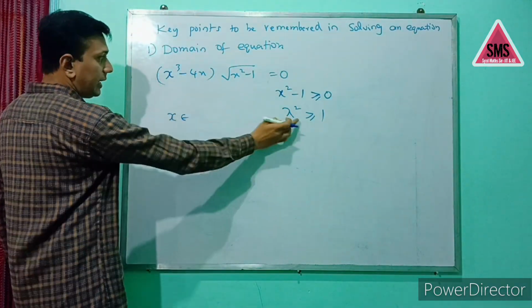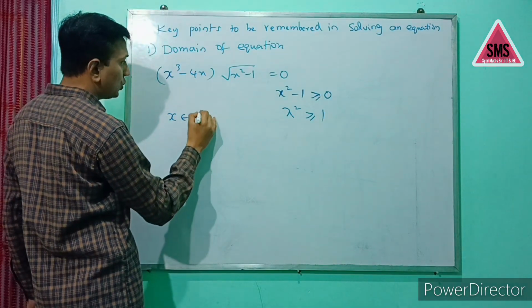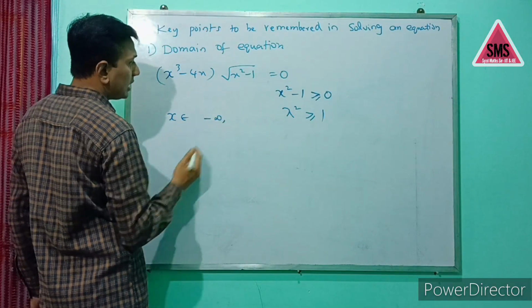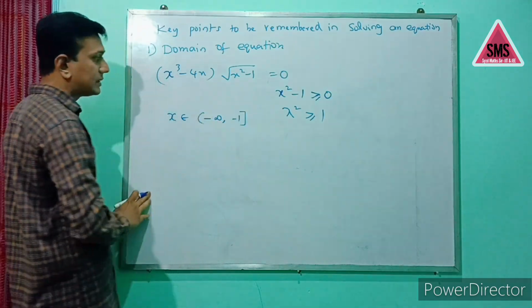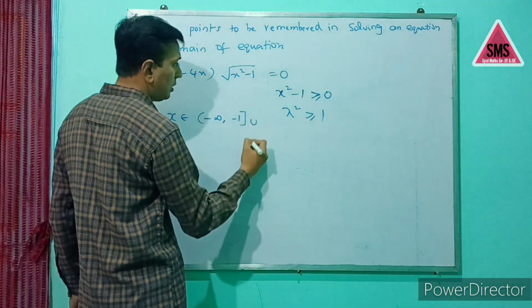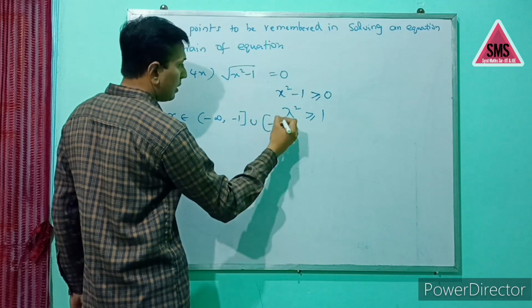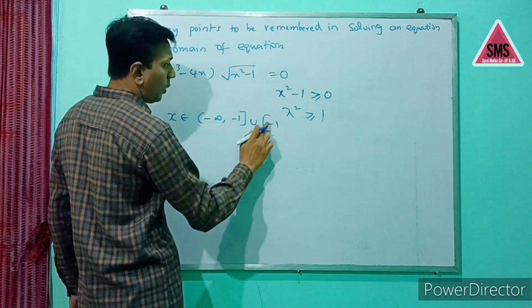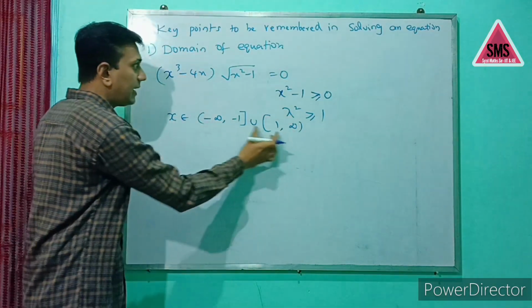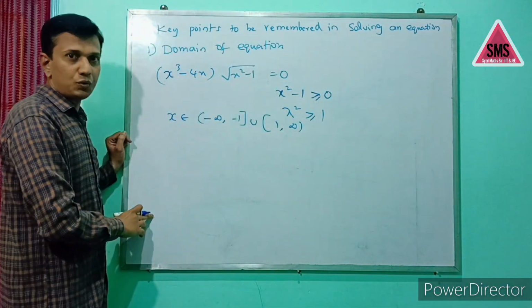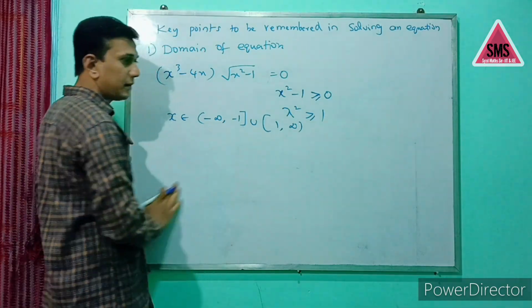Based on this condition, x belongs to minus infinity to minus 1, closed interval, union, closed interval, 1 to infinity. That means for these values, this is going to be positive. So this should be the domain.